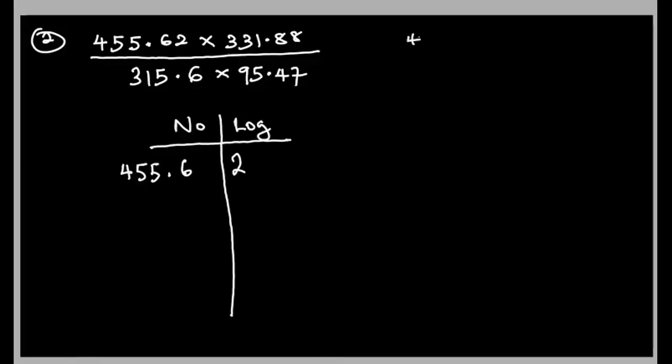We have the original number 455.62, which we approximated to 455.6. Had the 2 been up to 5, I would have taken 1 from 2 and added to 6, and it becomes 7. But it is not up to 5. So let's now find 45 under 5 difference 6.